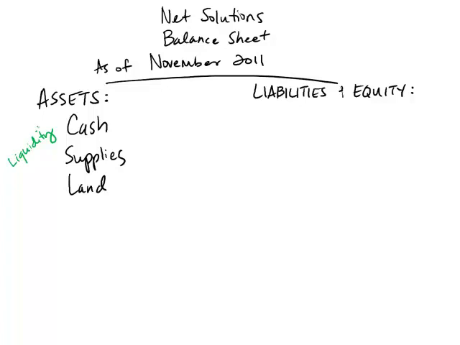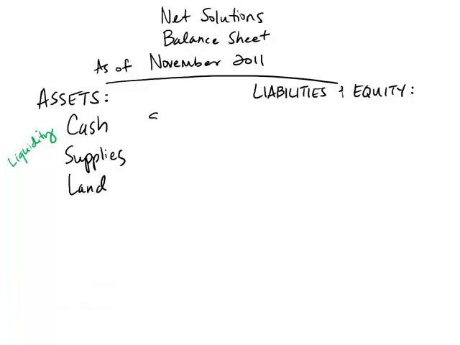So we list these in order of liquidity. Cash is always first because it's already cash. And then we'll put the more current assets, inventory, supplies, accounts receivable, and then put the fixed assets, the long-term kind of assets that it'd take a while to sell. Land, vehicles, machinery, buildings, things like that.